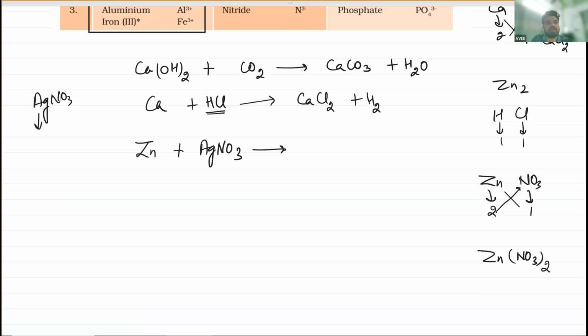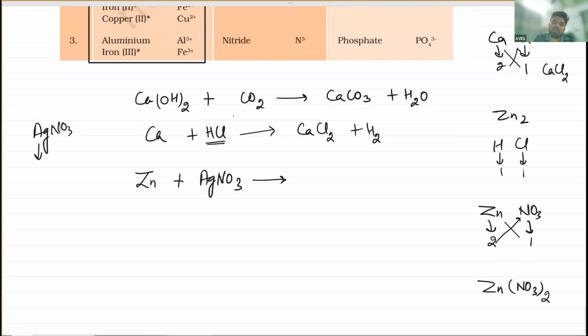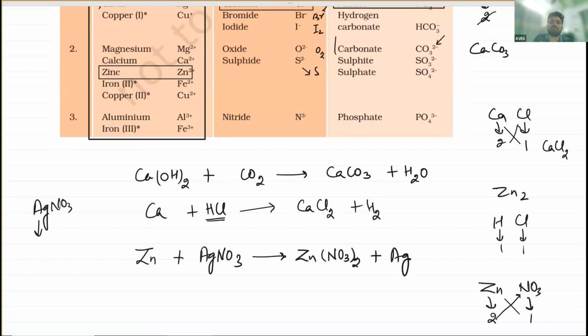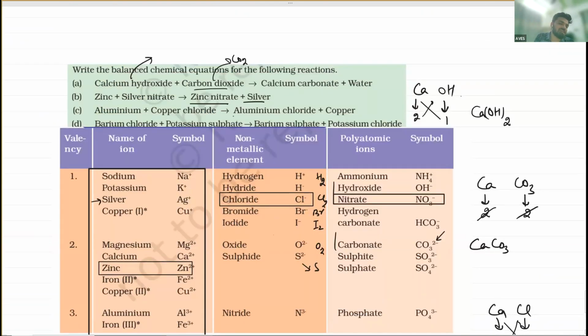Similarly, the formula will be Zn(NO3)2. Zinc nitrate will have the formula zinc and plus what? Ag. Now again, Ag, if it is written as silver plus silver, it is saying plus silver. When silver is written alone, it is not written as Ag2 or Ag1 positive.